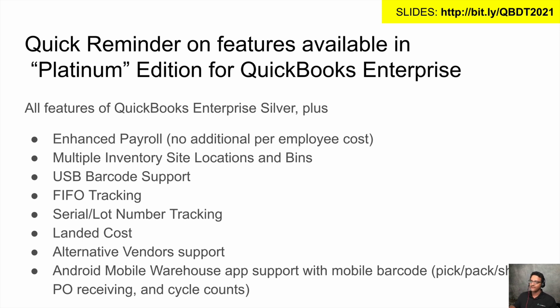Now, I wanted to give you a quick reminder. There's nothing new in the 2021 world on the Platinum Edition, but I think it's important to have a quick refresher, because QuickBooks Enterprise Platinum and Diamond are the premium offerings.